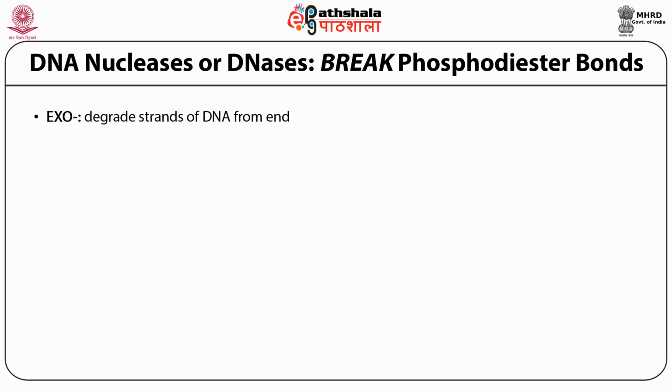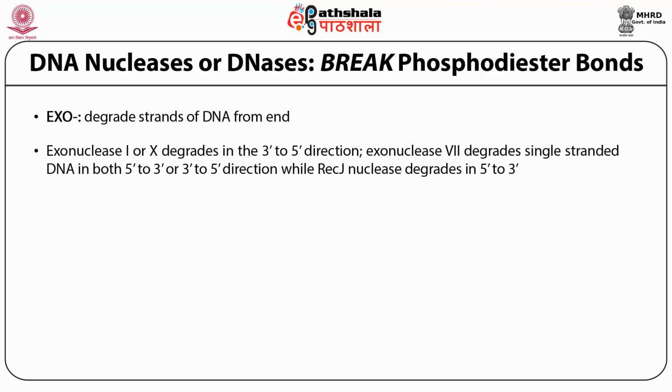Examples are exonuclease 1 or 10 that degrades in the 3' to 5' direction from the end, and exonuclease 7 that degrades single-stranded DNA in both 5' to 3' or 3' to 5' direction, while RecJ nuclease degrades DNA in the 5' to 3' direction only.